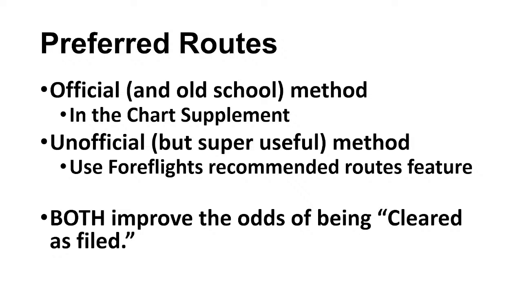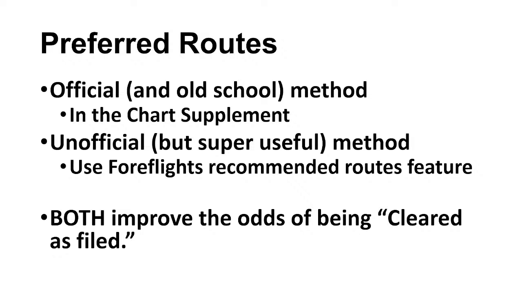All right, so, preferred routes. I wrote on here official and old school. Officially, in the chart supplement, there are routes published that, if you want to fly from, say, Spokane to Seattle, there will be a preferred route.